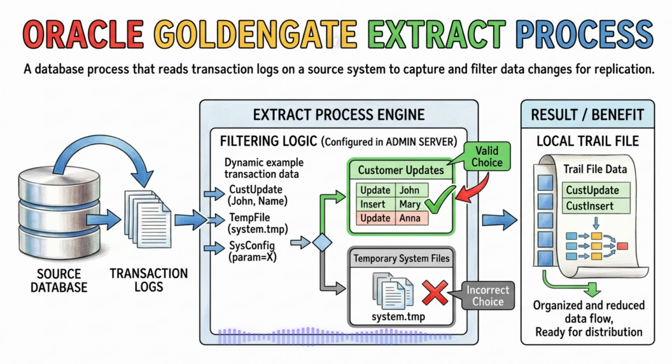Once it captures the data, the extract process writes it into a local trail file on the same server. You will configure the extract process inside the administration server. And mastering its behavior is a huge part of your exam preparation.